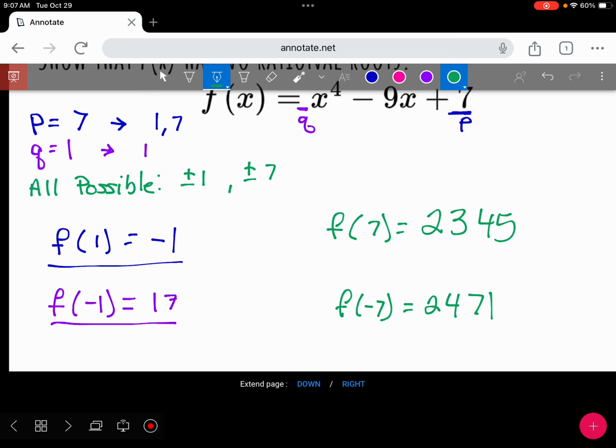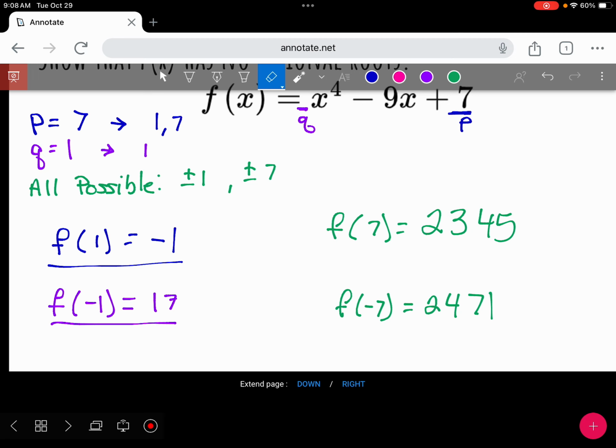Especially with the negatives, you need negative 7 to the 4th in parentheses. It is really important. Otherwise, the calculator views this as negative 1 times 7 to the 4th, and it will do the exponent before it does the multiplication. So you have to put it in parentheses if you're doing it on the calculator.